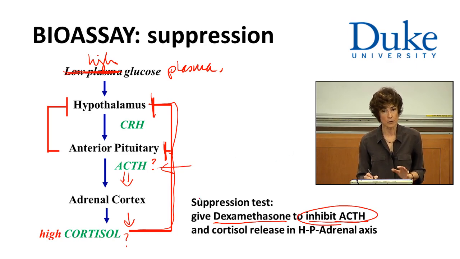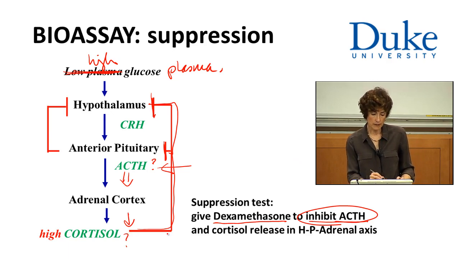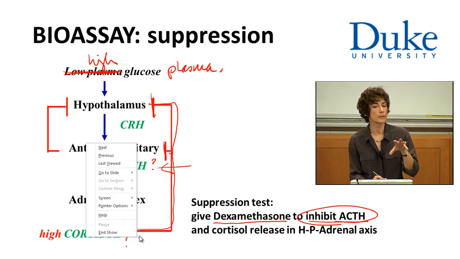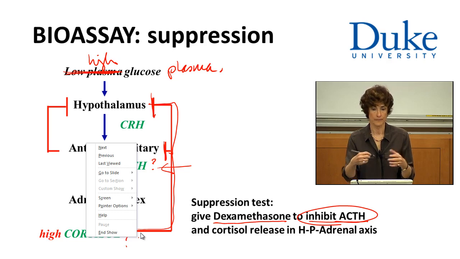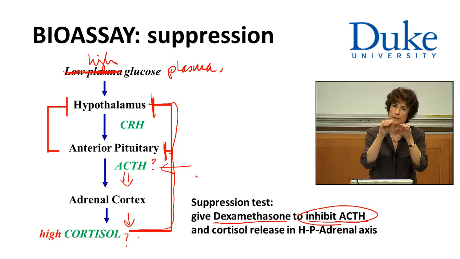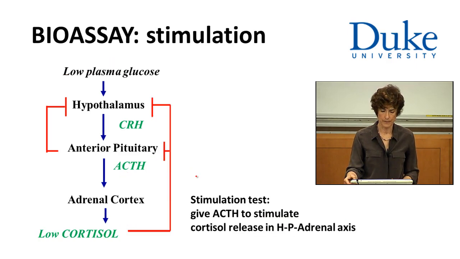If, on the other hand, the ACTH under those circumstances did fall, but the cortisol stayed high, that would tell you that there's a problem with the adrenal glands, or that there's a problem with a tumor someplace in the body that's secreting cortisol, that's not under the regulation of ACTH. So this is a way, then, that we can parse the axis to find out exactly where in the axis our problem lies.